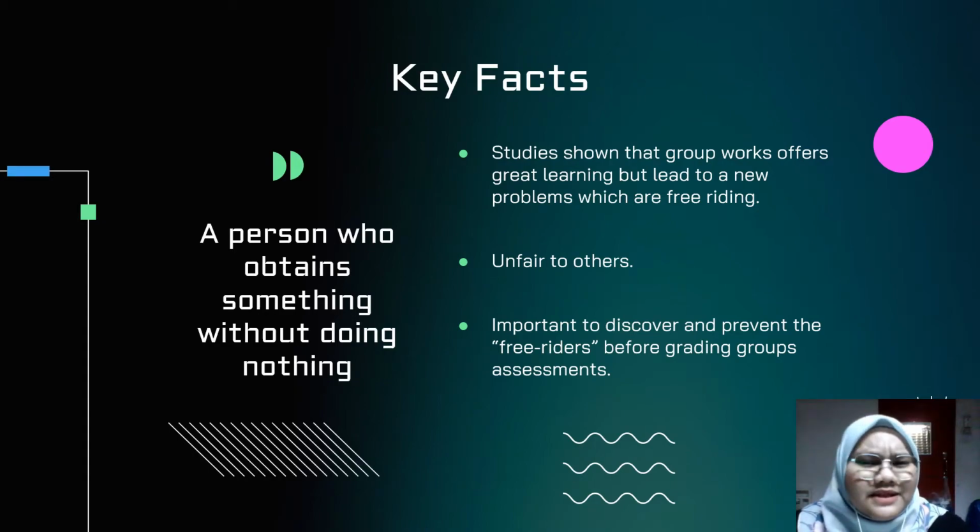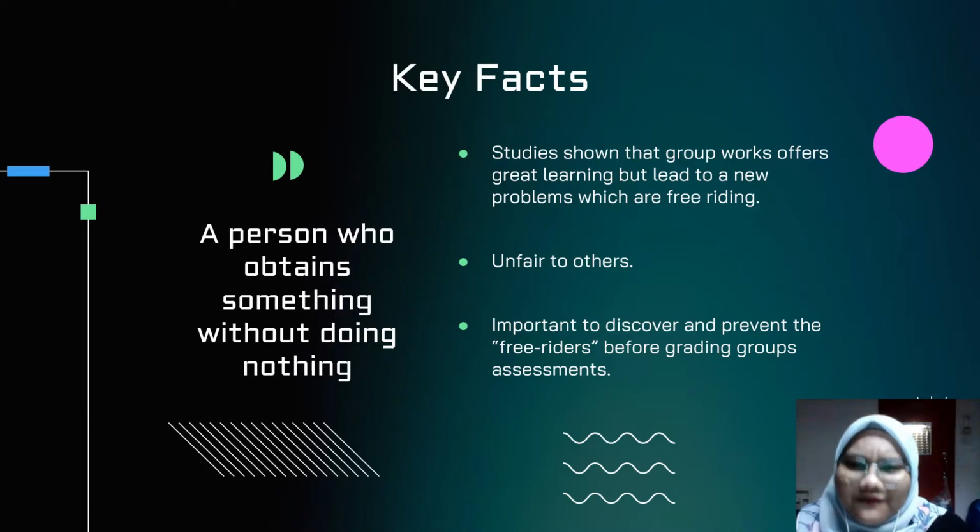In comparison to the traditional teaching method, studies have shown that group work offers great learning, but it may lead to a new problem, which is free riding. A free rider is also known as a person who obtains something without doing anything. For example, in this analysis, one of the group members had less contribution due to unfair distribution of tasks, or did not do any work but was marked the same as others.